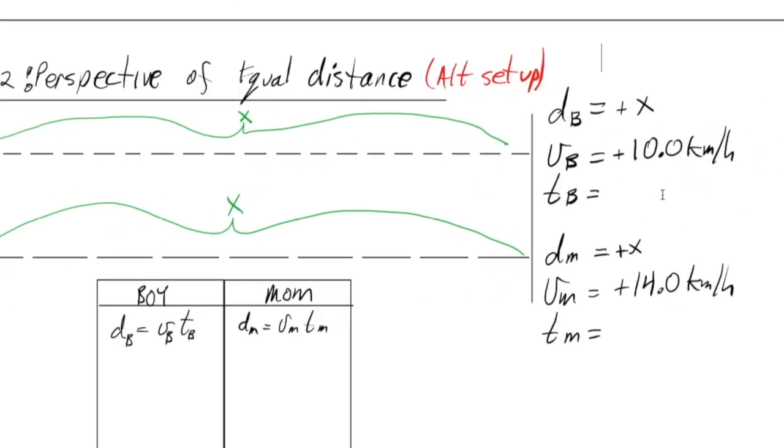But we could have looked at it another way. We could have said, hey, let's say the time for the boy was t, and the time for mom is going to be t, but less 6 minutes. So t is whatever the time that the boy had, minus 6 minutes, which is 0.1. And this should give us the exact same answer. It should, but will it?